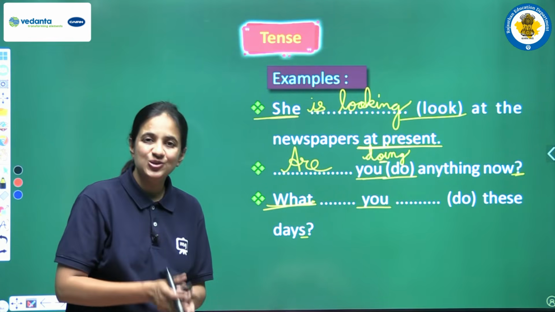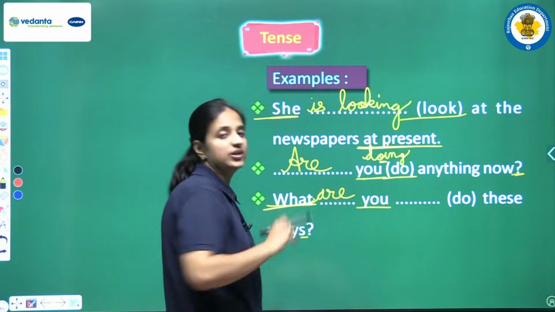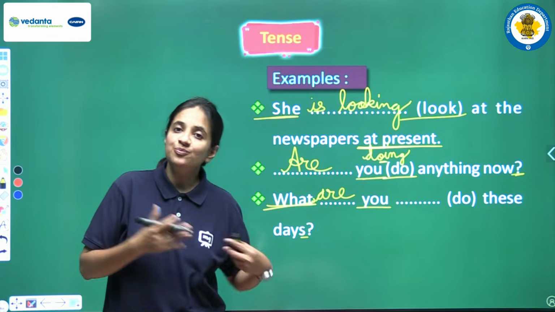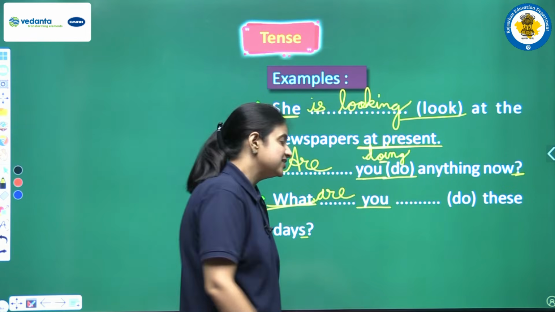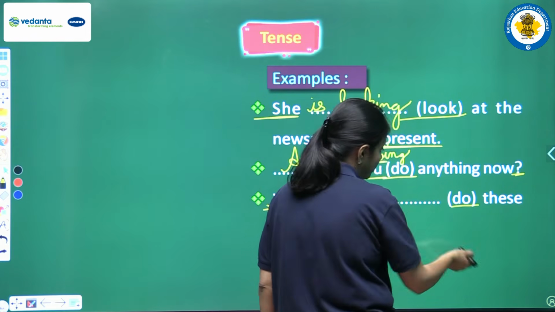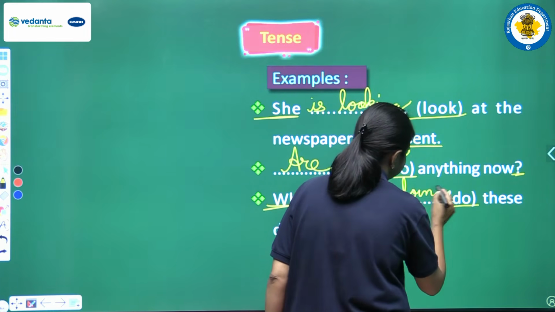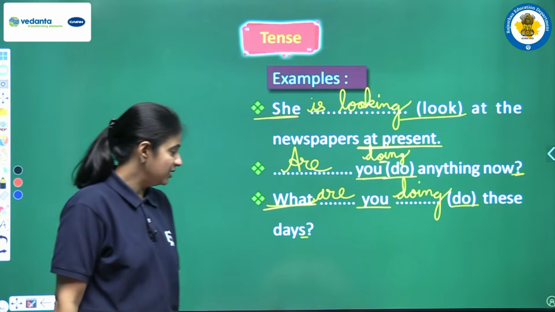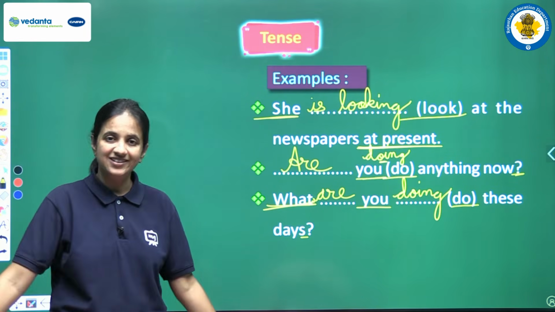Our subject is you, so we will write are here because we all know that you is a plural subject, and for plural subject we always use are. Okay, next again we have do as a main verb, so we will add ing. It will be doing, and the sentence will be what are you doing these days, right?